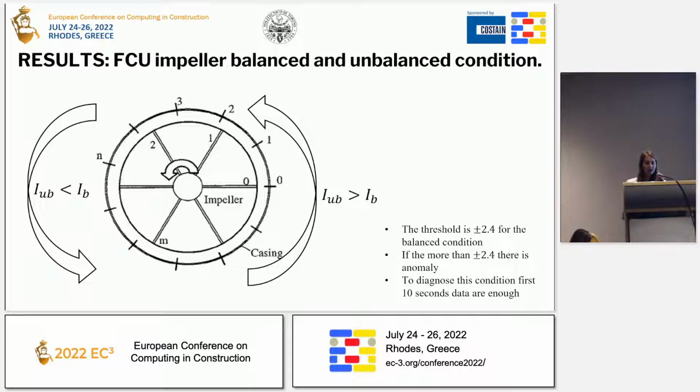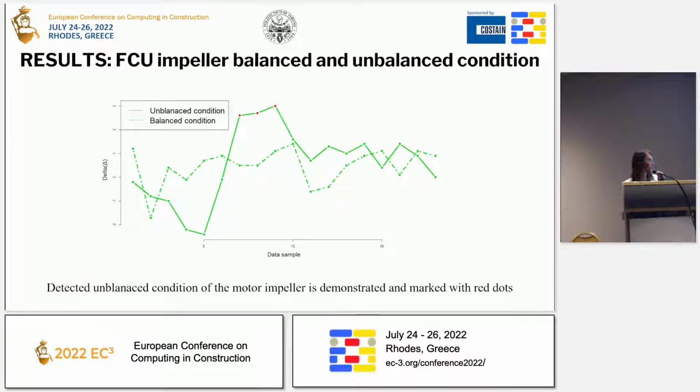To detect the unbalanced condition, it is enough to observe the first 10 seconds when the motor rotation occurs. Since the data acquisition sampling frequency is 2 Hertz, the first 10 seconds are 20 samples. Data of balanced and unbalanced conditions are enough to demonstrate those graphs.